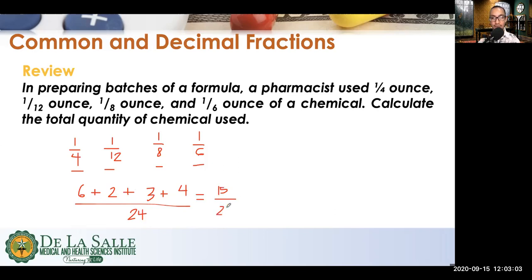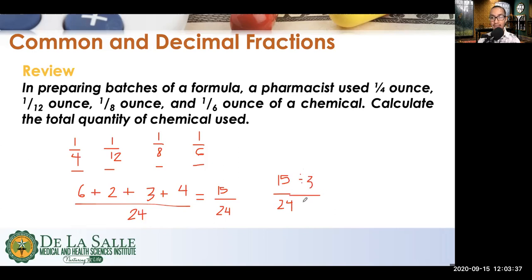Now 15 over 24 can be reduced to a lower term. To do that, we divide by a common factor of 15 and 24. What is their common factor? Their common factor is 3.